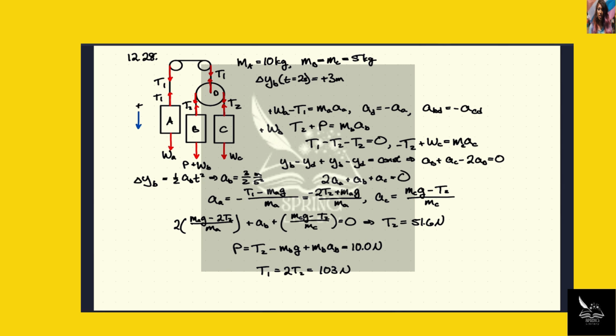Okay, it just says it moves through 3 meters in 2 seconds. So it doesn't say. Well, we've got a load. I forgot about this extra load acting on it. So we're assuming that it's probably going to move down, so I'm going to say it's plus 3 meters.